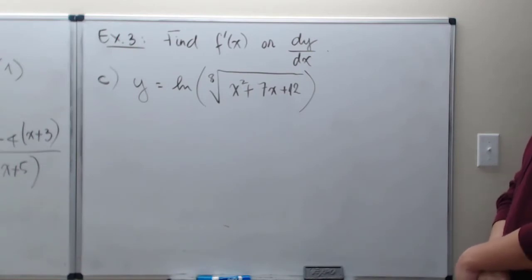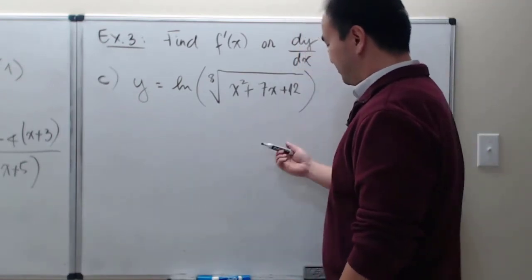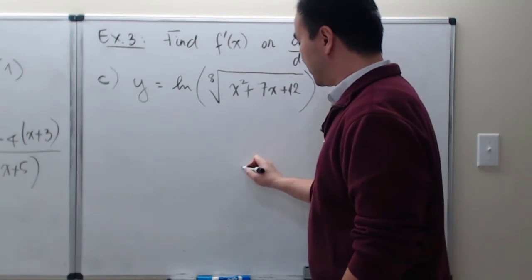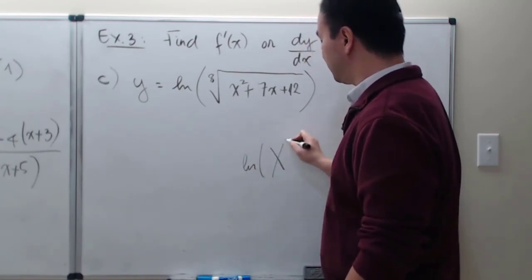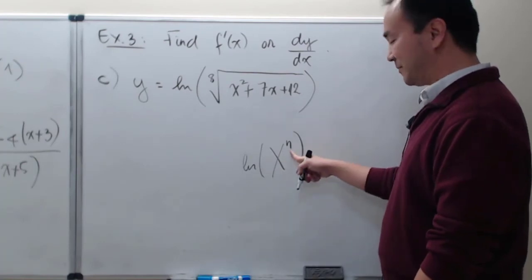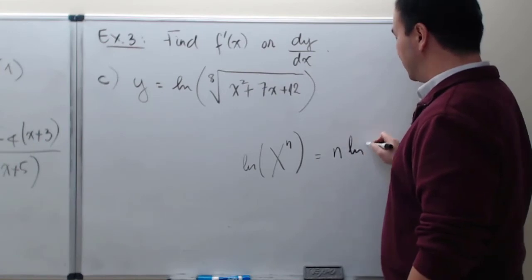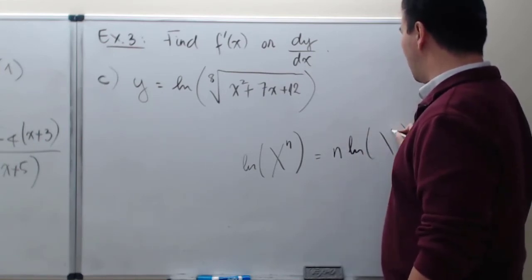And so this problem can be treated very similar to the earlier problem, in the sense that, recall that the logarithm of a power, I brought up this property earlier, is the same as bringing that power in front as a coefficient. And then the expression inside the log no longer has that power.